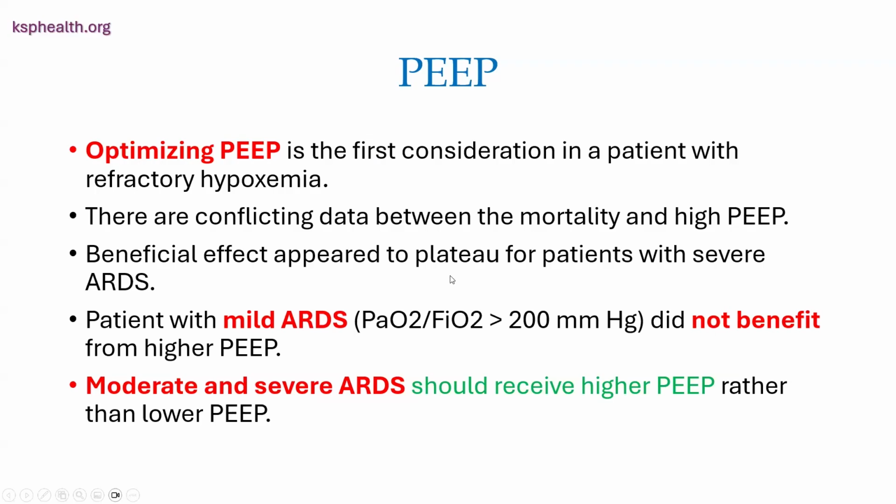There is a beneficial effect that appeared with severe ARDS patients, and afterwards the data is conflicting, as I mentioned earlier. So at this point, in mild ARDS patients, the high PEEP did not benefit. So what is mild ARDS as we designated? When the PF ratio is between 200 to 300. In moderate to severe ARDS, the high PEEP seems to help improve the mortality.